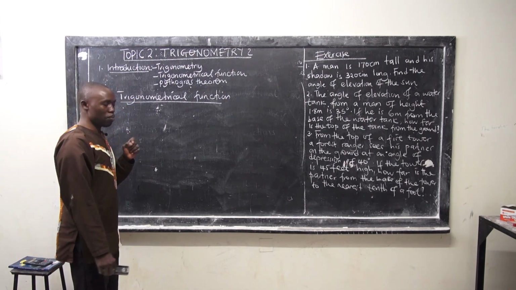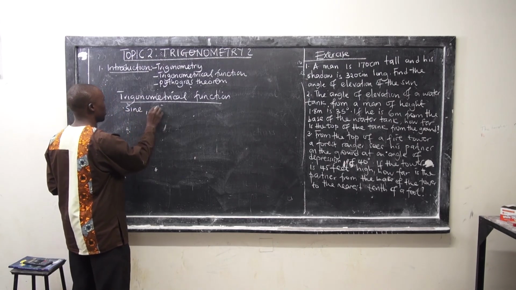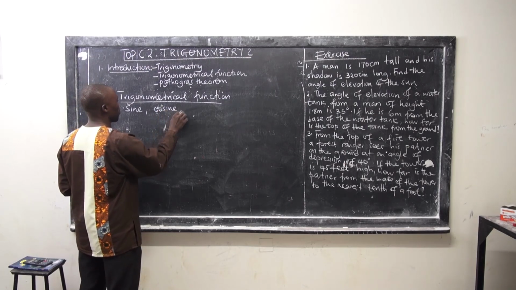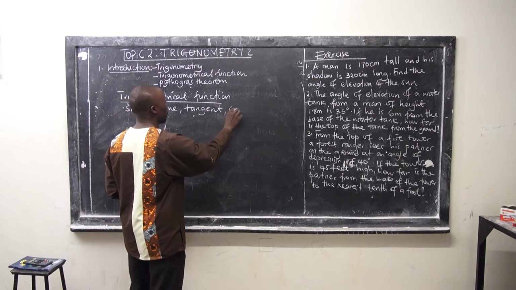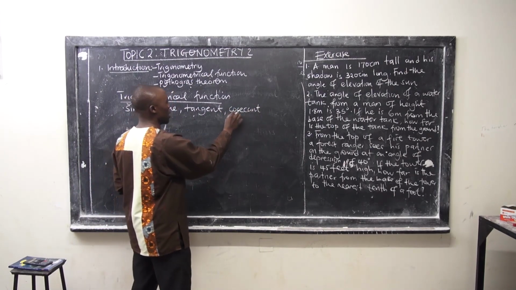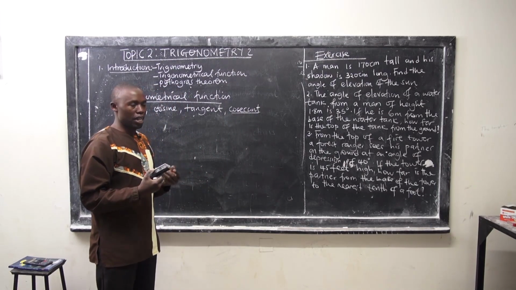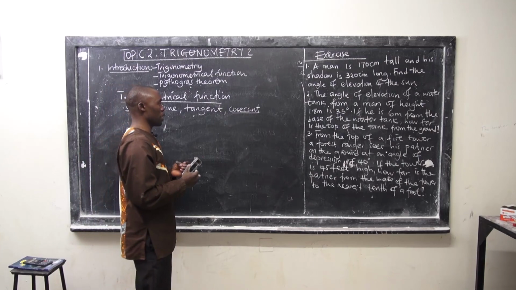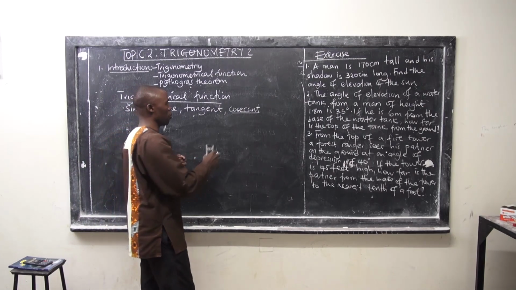Now, there are a number of trigonometrical functions such as sine, cosine, tangent, and so many others, cosecant. These other functions are for another level of mathematics that is not part of this level of Form 3 work.